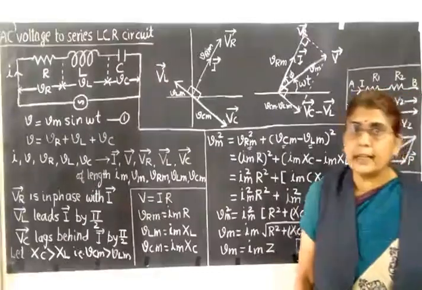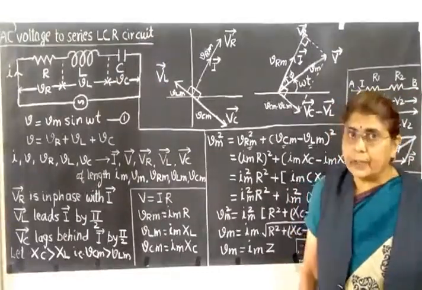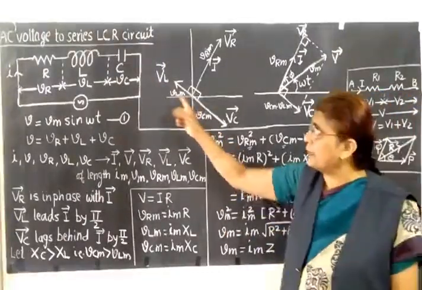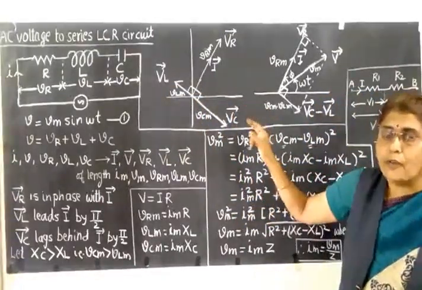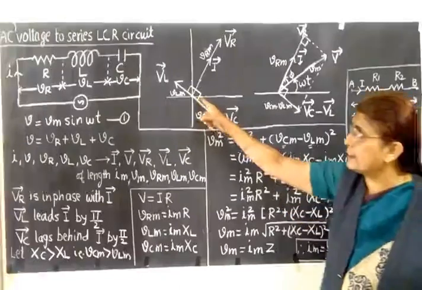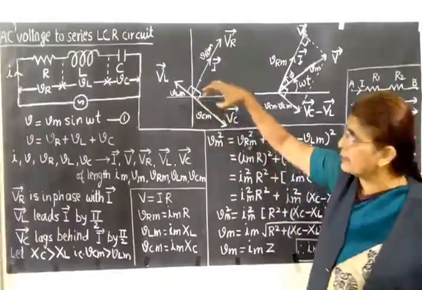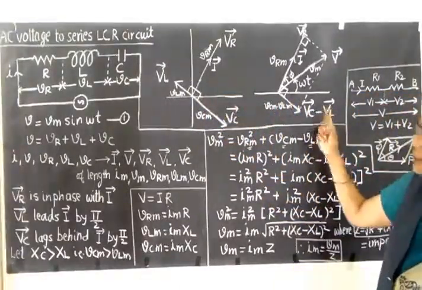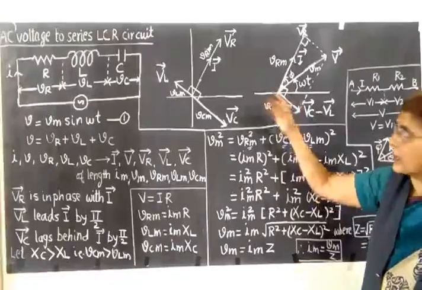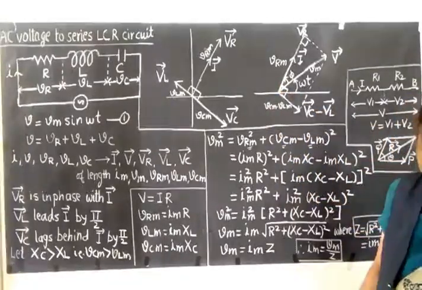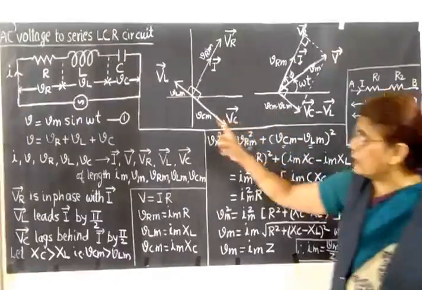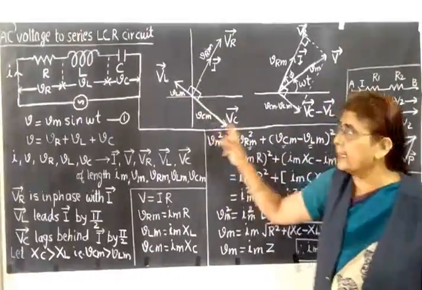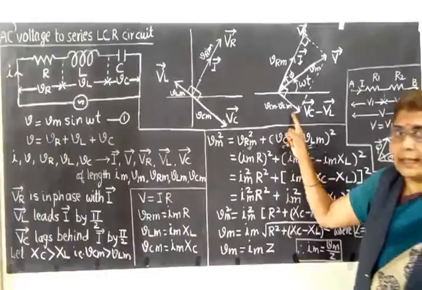So, what is the resultant of these two vectors? It will be nothing but the difference between their lengths, and it will act on the side of the greater vector. Now here this is the greater vector. So you will have the resultant vector VC minus VL in this direction along the side of the greater vector. And what is its length? Its length will be nothing but the difference between the two lengths, that is VCM minus VLM.